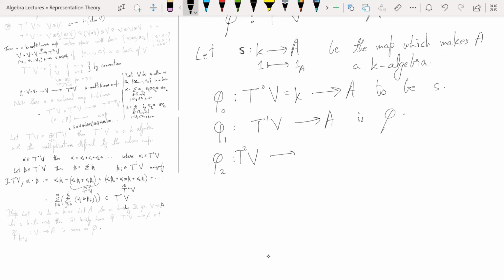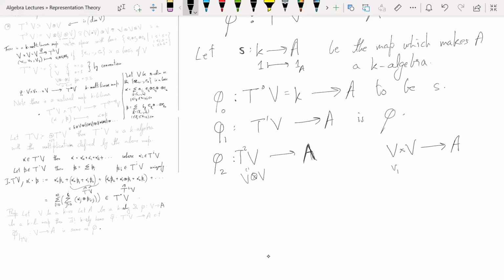So phi 2 from T2V to A, we want to define. This is V tensor V, and A is a ring. So V cross V to A, we have a map which is induced by phi 1.